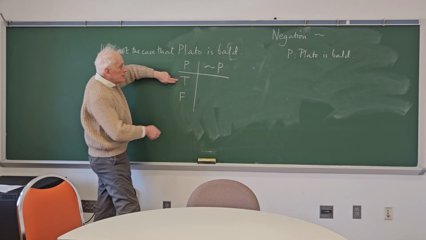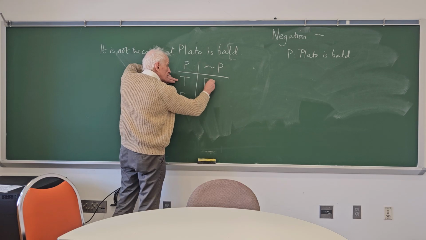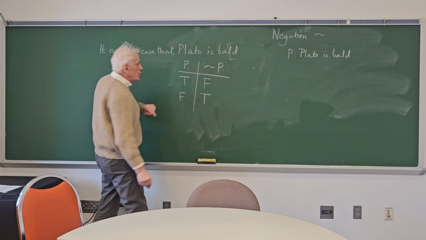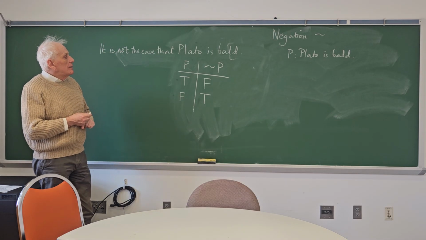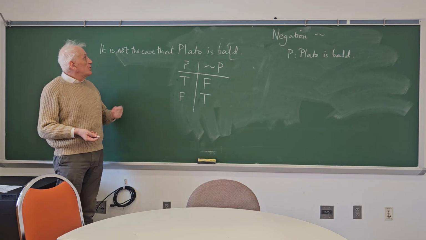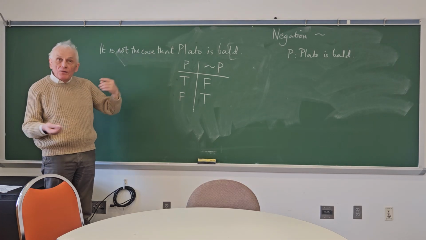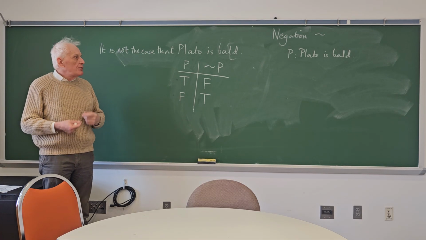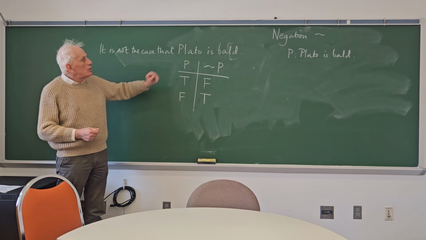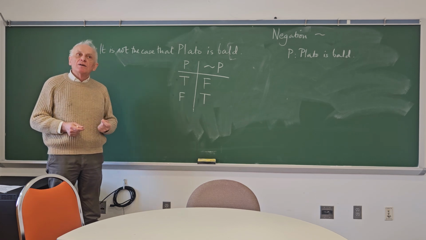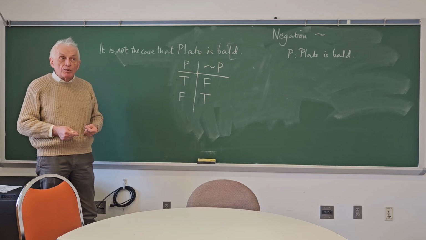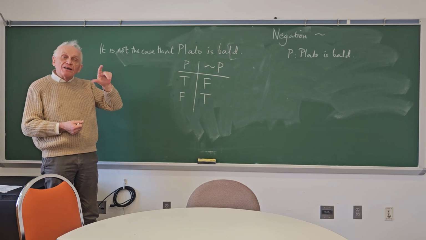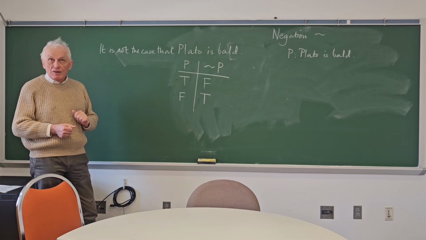Well, when such a sentence is true, its negation is false. And when such a sentence is false, its negation is true. So all you need to know the truth value of the sentence, it is not the case that Plato is bald, is to know whether Plato is bald or not. If you know the truth value of Plato is bald, you automatically know the truth value of Plato is not bald, or it's not the case that Plato is bald, because all negation does is flip the truth value.